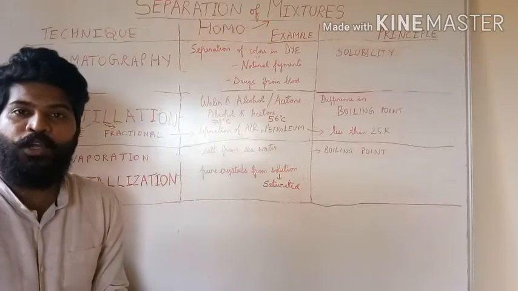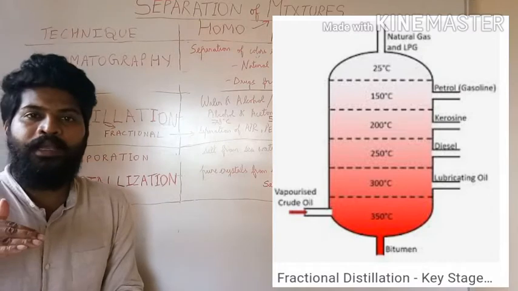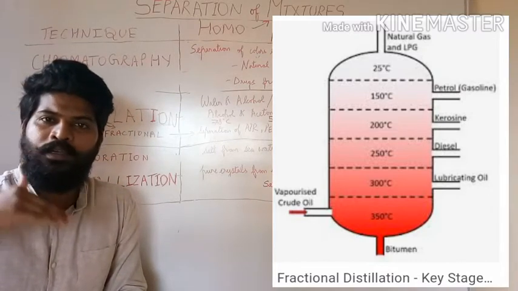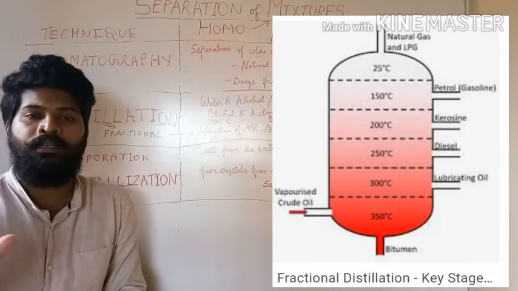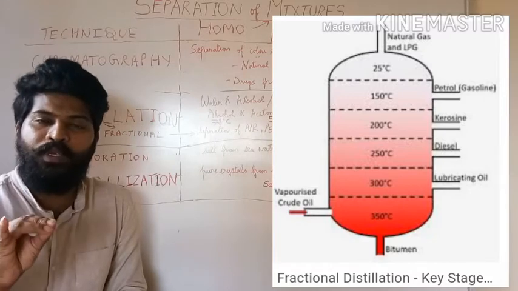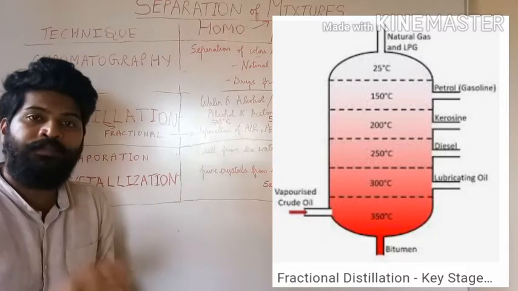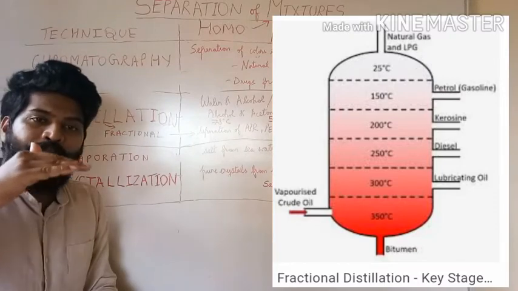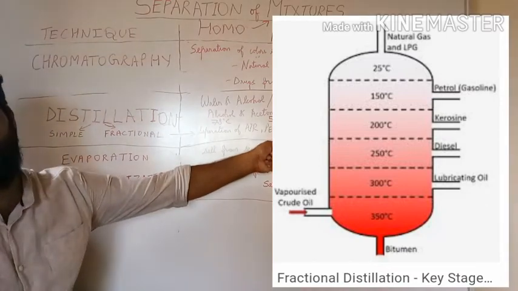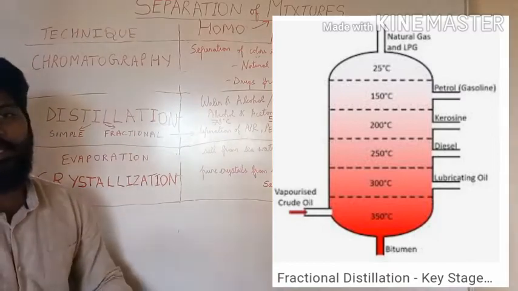In class 8, in the lesson coal and petroleum, you have studied about this, how to separate the different components of petroleum. Petroleum has many components like diesel, petrol, kerosene, butane, LPG, gasoline. So we can separate all this from the petroleum mixture. How? By using the concept of fractional distillation.